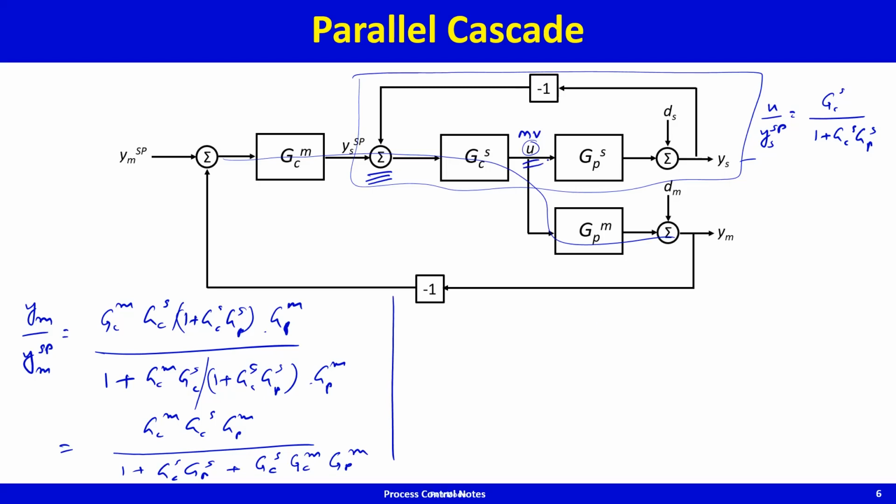U changes, and the change in u because of ds, because of the action of the slave loop, is GCS divided by 1 plus GCS GPS. So you put in a disturbance, the slave loop will cause this change into u.